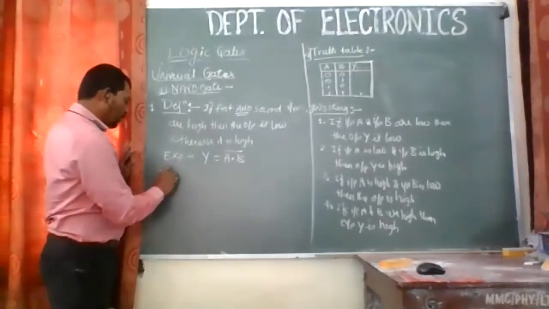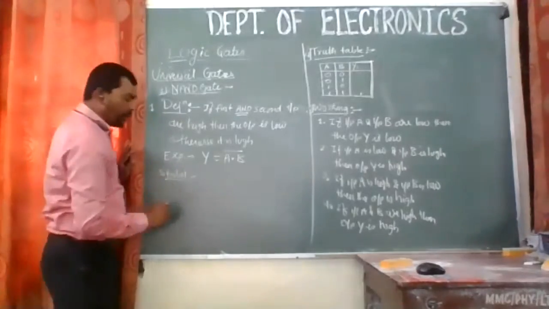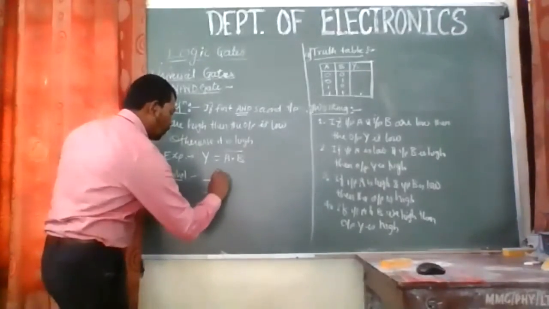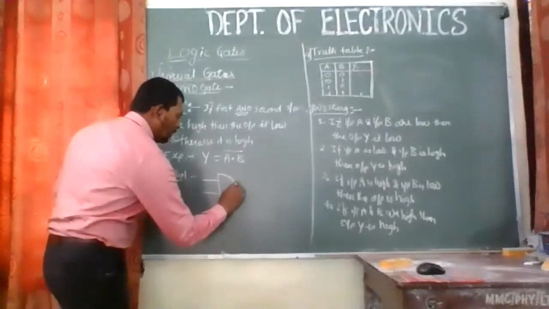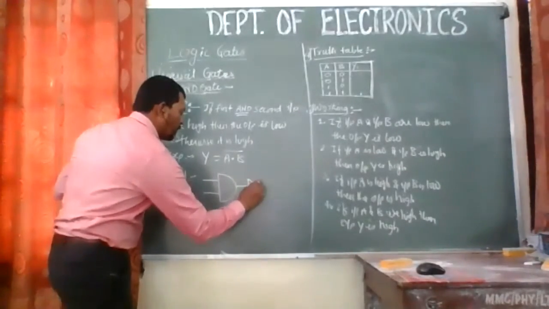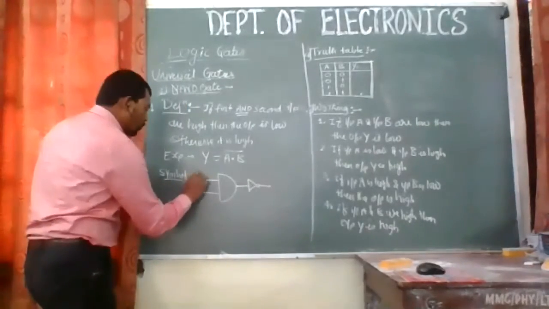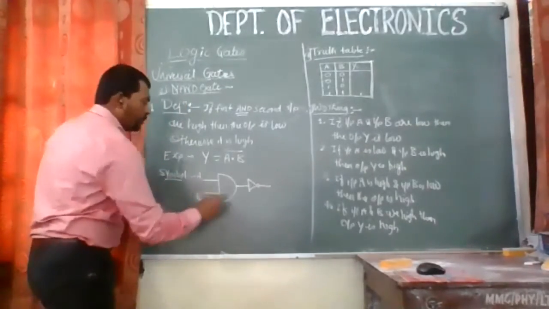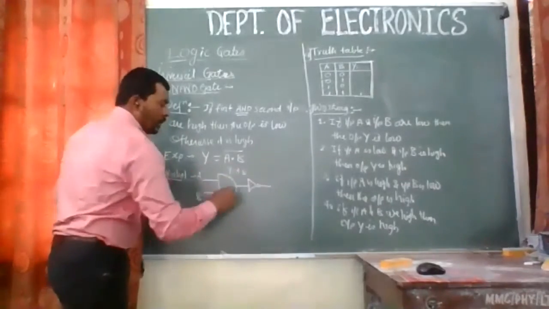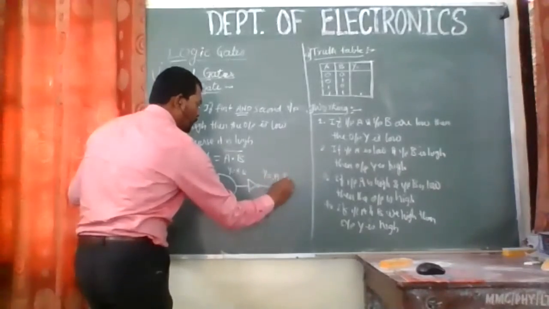Now for the symbol, since I call these derived gates, we will have an AND gate like this. I hope it is visible to you. We'll have an AND gate and we will add a NOT gate in front of it. There will be two inputs A and B. Here the output will be Y equal to A dot B, and after the NOT gate the output will be (A dot B) complement.